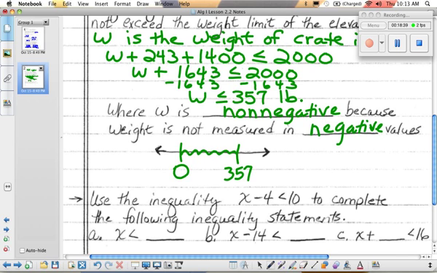So we would probably put an open circle at 0, and then how about at 357? Can it weigh 357 pounds? Yes, it can. The equal to bar is there, so it can weigh that. So our graph would look like such. Anywhere from greater than 0 pounds up through 357 pounds.